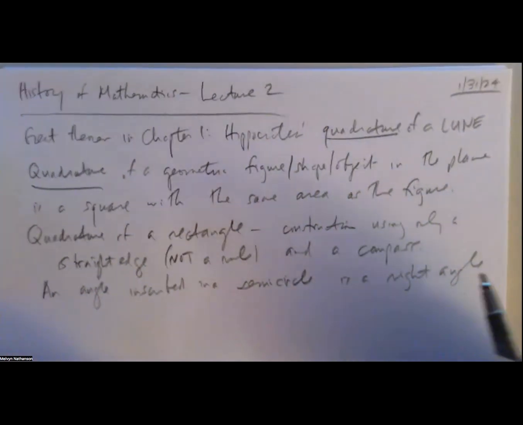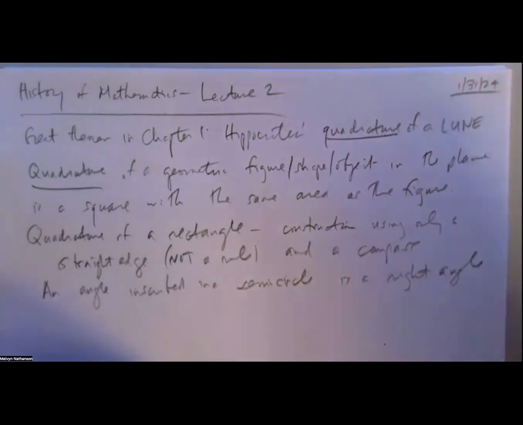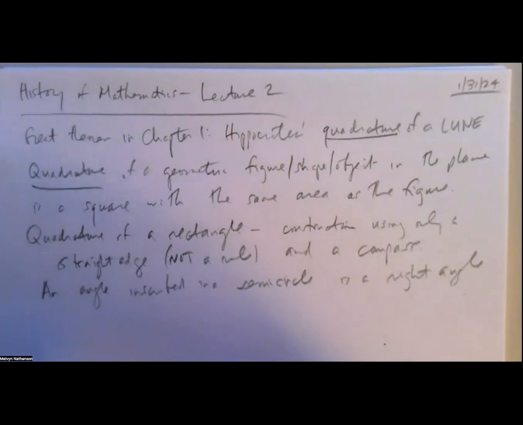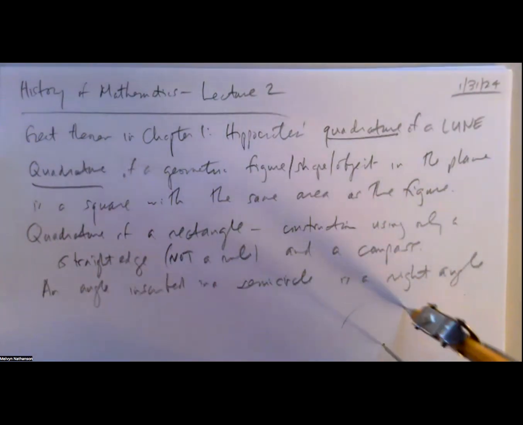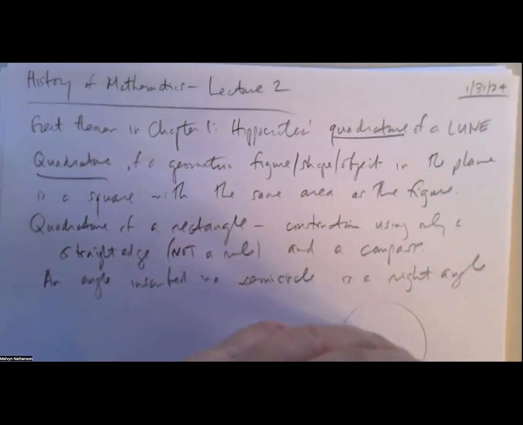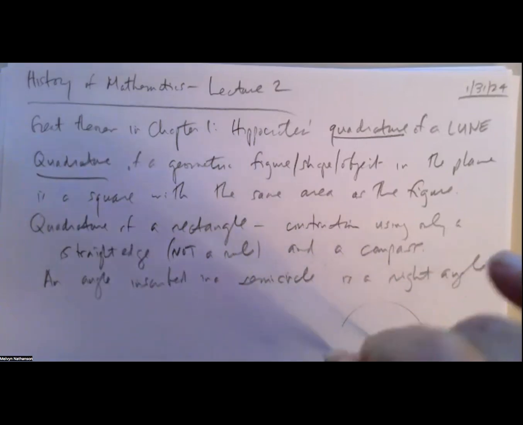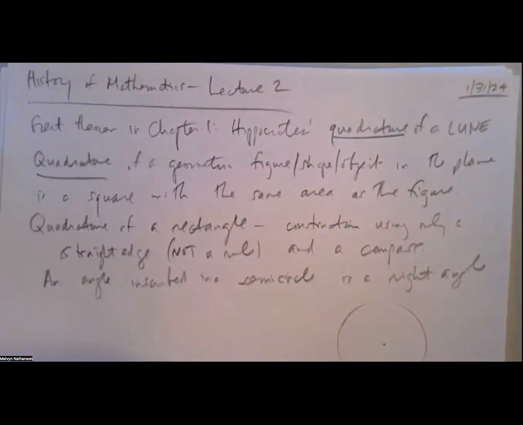Let me just draw a careful picture to show that. So suppose this is going to be my center, and I put my compass there. Let's see if I can draw a circle. That's pretty good.